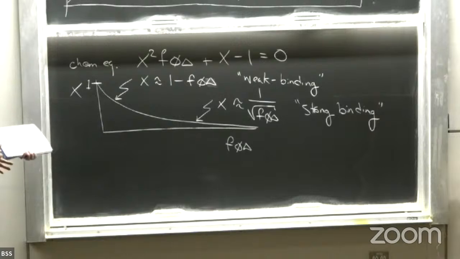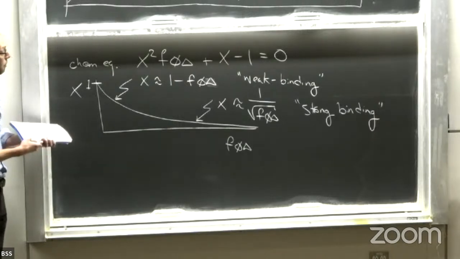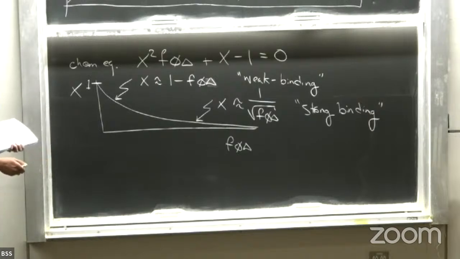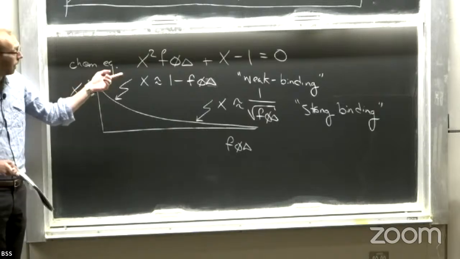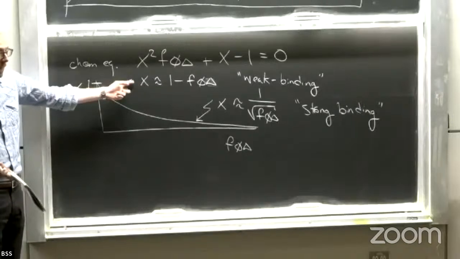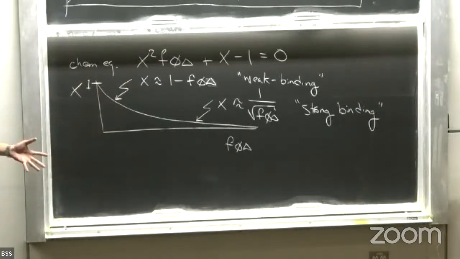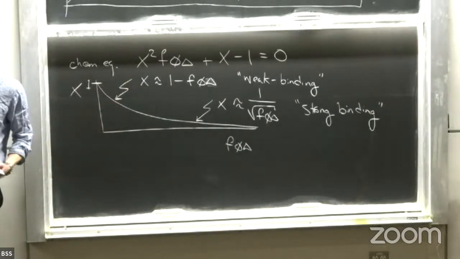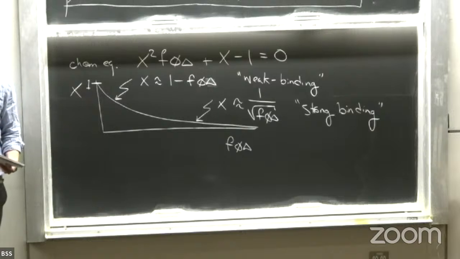Okay. So we should look at what the phase behavior of this model looks like in these two different regimes. It turns out that in this limit, this weak binding limit, everything looks exactly like the Flory-Huggins model, even though we've made this assumption that we can only have one-to-one binding.